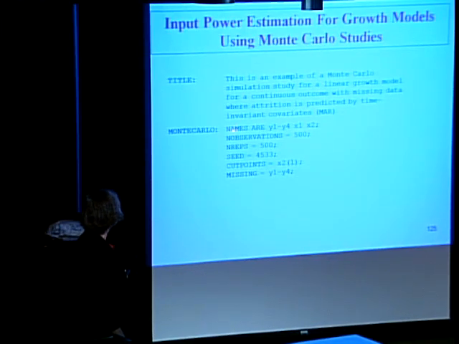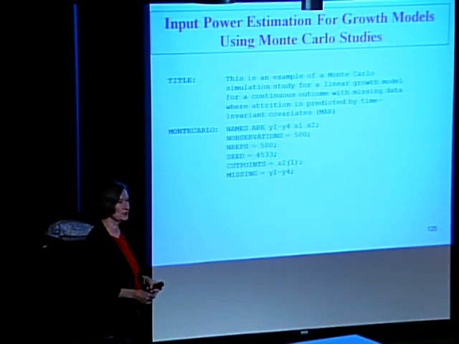There are several options. The names option gives names to the variables that you're going to be generating. So we're going to be generating 4 continuous y variables and 2 covariates. And all the variables are generated as continuous, unless we have the categorical option. But here we're all continuous. Then we tell for each data set that is created how many observations we want.